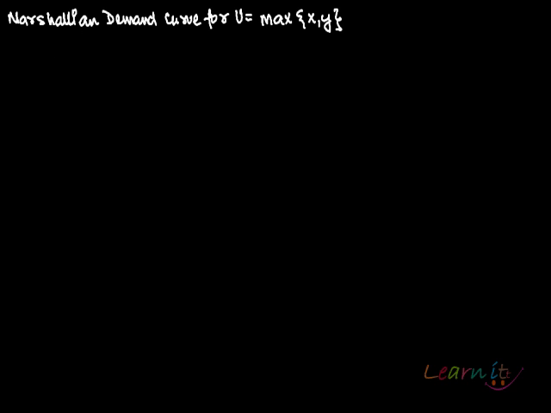See, the max function is like you'll be consuming a commodity which is going to give you higher utility. But what will decide your consumption? Your consumption is being decided by the prices. So you'll of course consume more of that commodity which is at a lower price, which is cheaper.